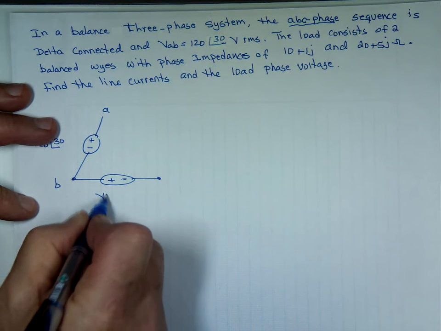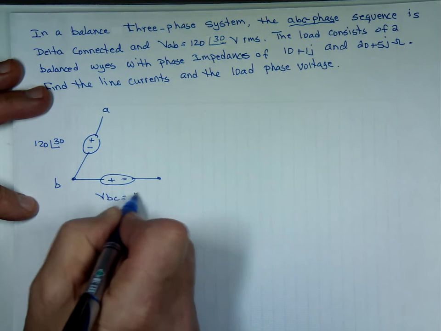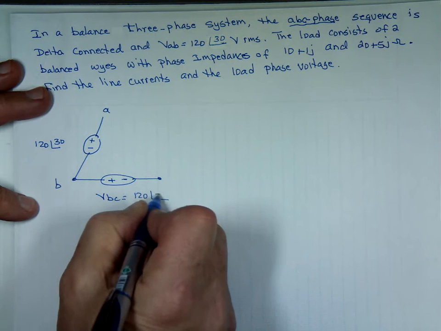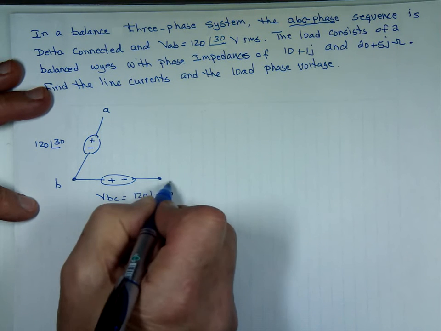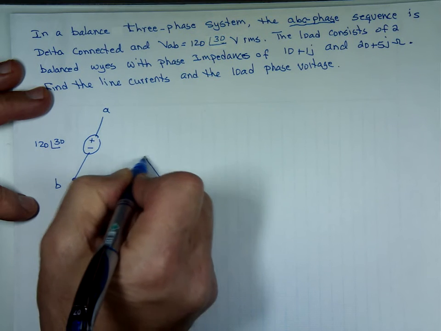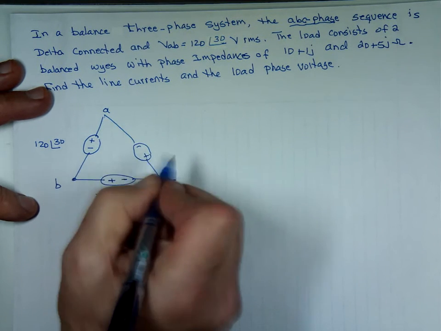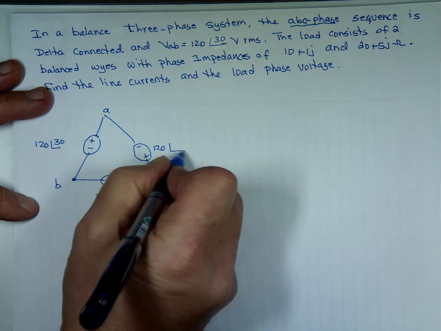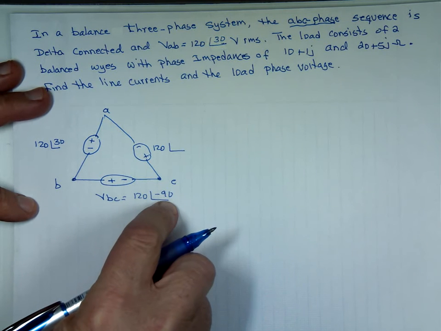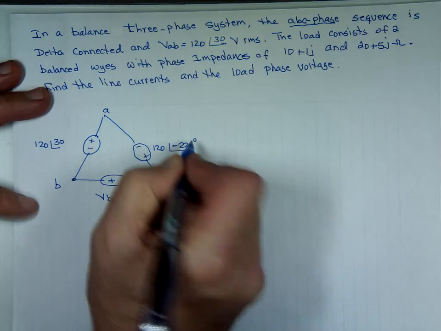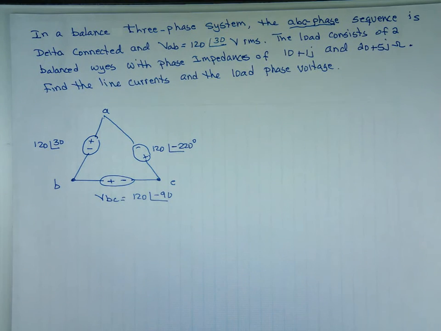This is VBC, which is 120 angle, subtract 120 from that one, which will make it negative 90. And this is VCA, which is 120, subtract another 120 from this, that will make it 210. That's what your source is.